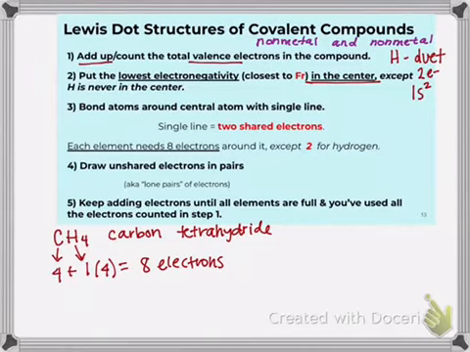Now, you might remember from our periodic trends unit, this was a rather short unit, but in the periodic trends unit we discussed that fluorine is the most electronegative atom, meaning it is able to attract electrons. Okay? Now, what you want to do when you're drawing these is put the guy that is the least attractive towards electrons in the center.